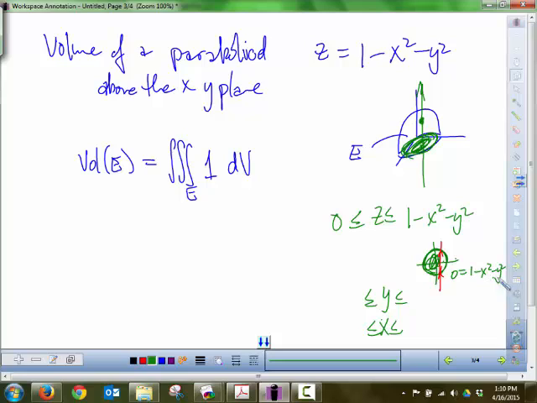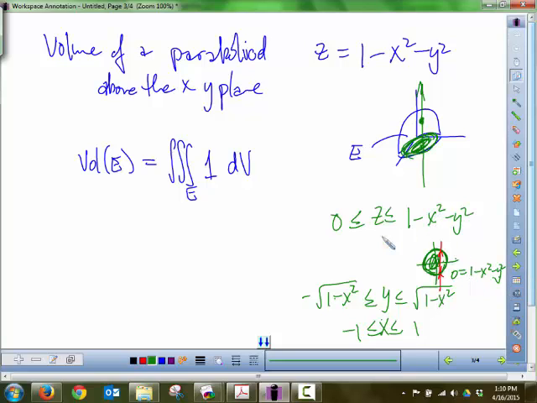If I solve for y here, I get y is equal to the square root of 1 minus x squared, but it's negative because that describes the bottom part. And then the top part would be the positive part. And then the limits for x, negative 1 to 1. Constants, right?